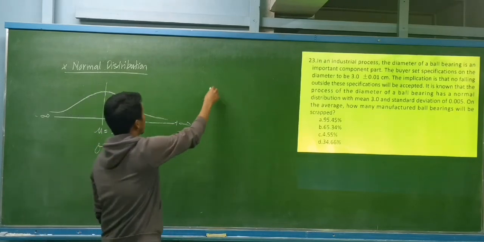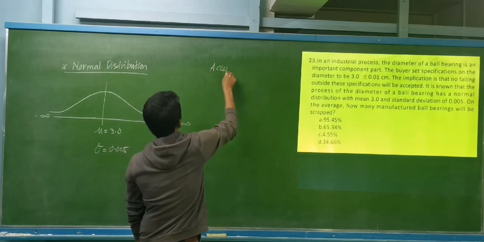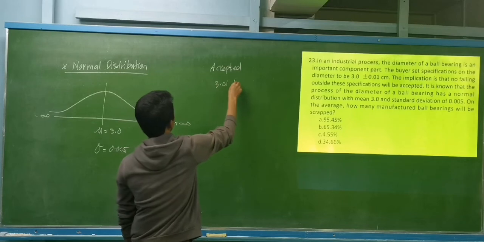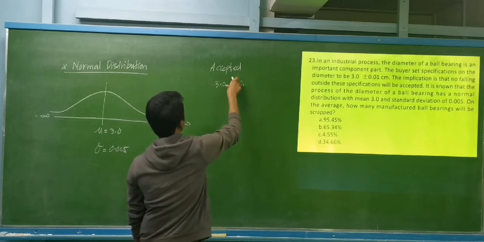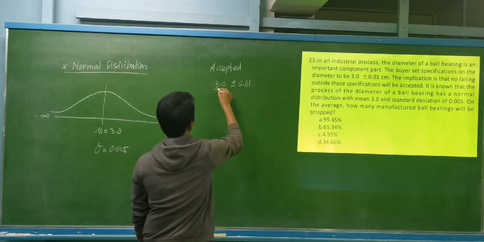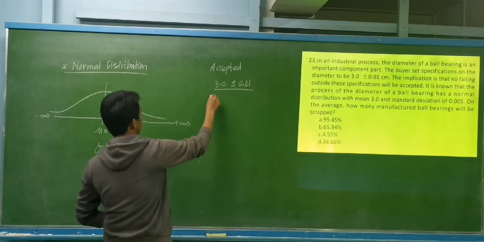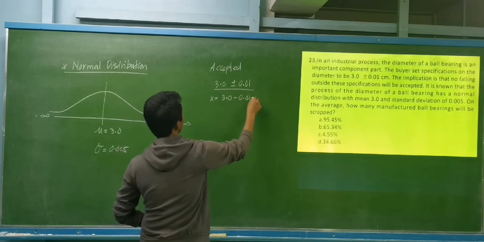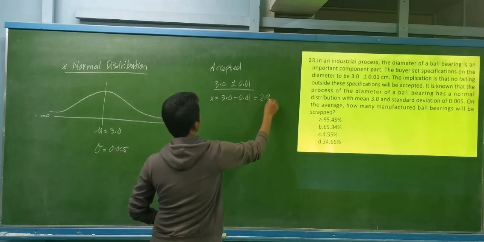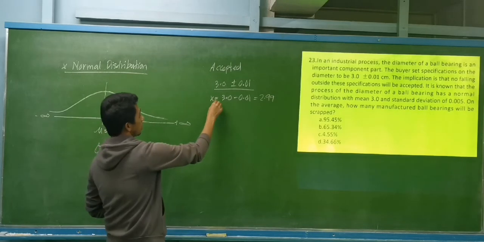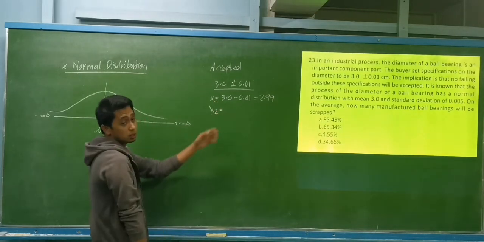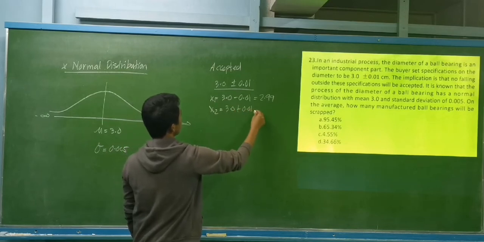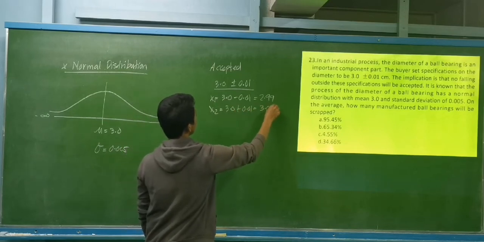So, yung accepted is 3.0 plus or minus 0.01. Ano yung mga accepted na yan? Yun yung ating x. 3.0 minus 0.01 is equal to 2.99. Yung isa naman, x of 2, that is 3.0 plus 0.01 is equal to 3.01.